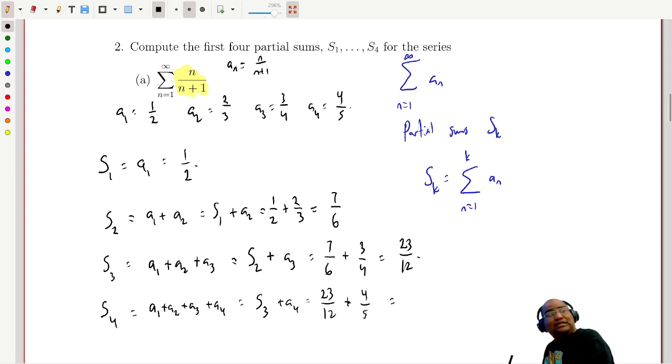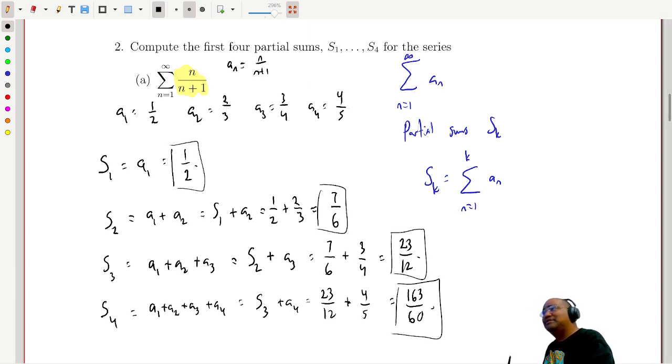You do some arithmetic, and that sum comes out to be 163 over 60. And so there you have it, your first four partial sums. Easy enough, you're just adding up a bunch of things. The sequence gives you a way to determine what things you're adding up in the series.